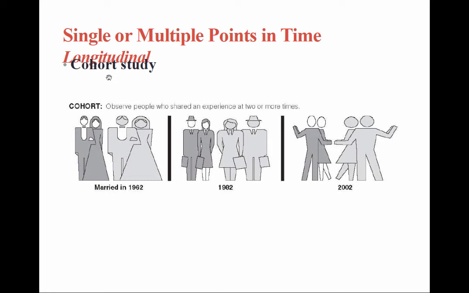Then I could engage in the cohort study. In the cohort study, I'm looking at some individuals who've shared some kind of experience, right? So in this case, here I have 2 couples that were both married in 1962. That's the thing that they share.